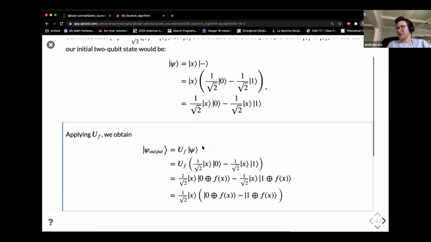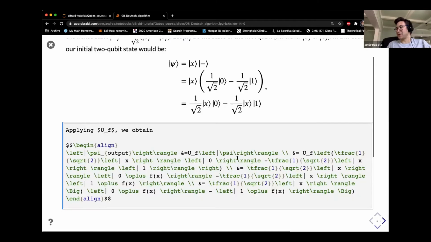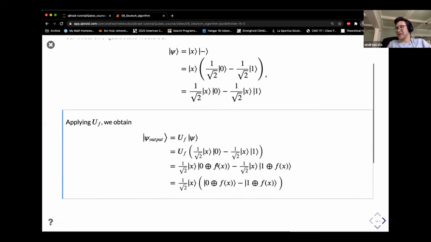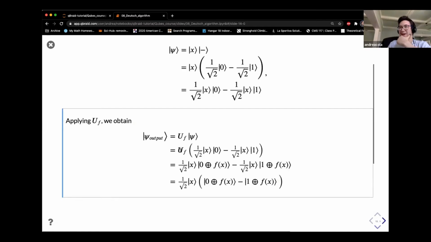Okay, good. So now in the second line, I'm just plugging in whatever we got before as the expression for psi, applying UF. The way we got to the third line is by linearity.